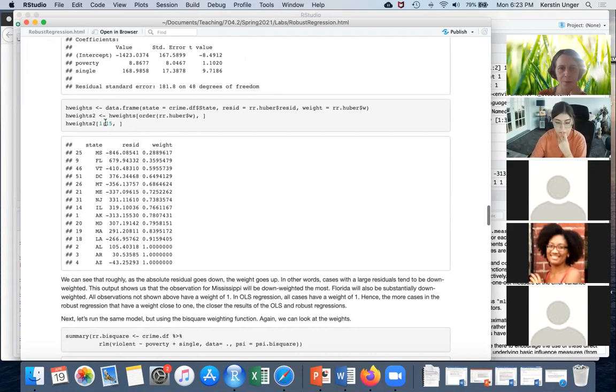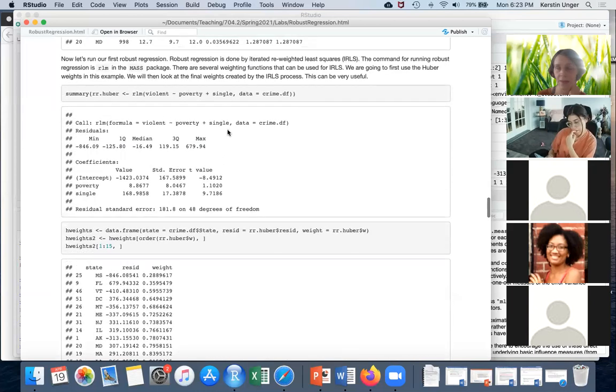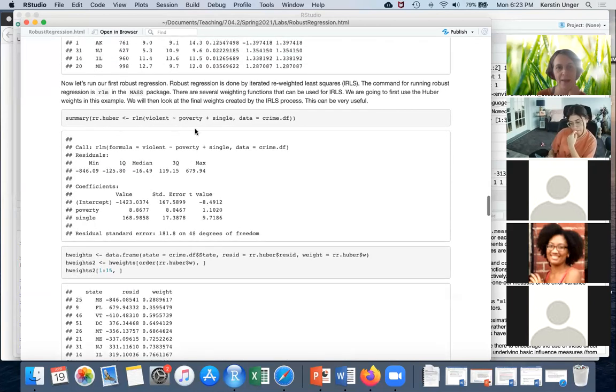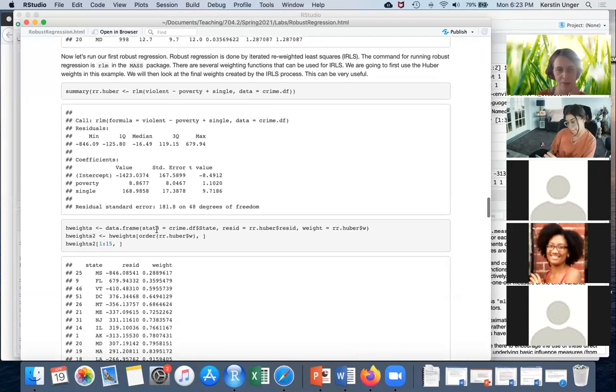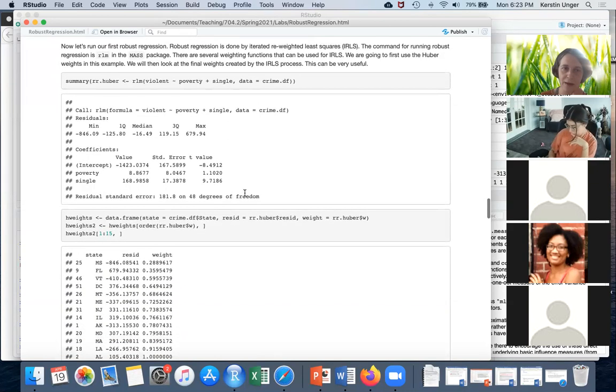If you now want to order the cases by the weight that the M estimator assigns to them, we can do that. Our object from RLM has a few additional attributes, and one of them is the weights that have been assigned to our cases based on this Huber weighting function.